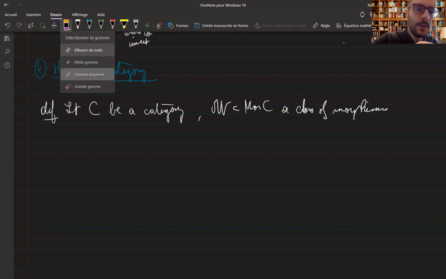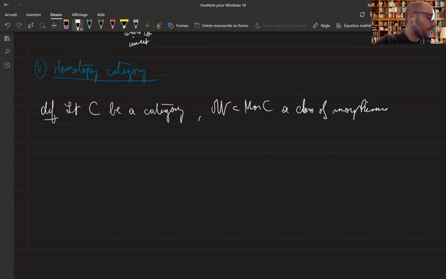Someone made the comment last time that you need to assume that the localization sends morphisms of W to isomorphisms. So let me write the full definition.